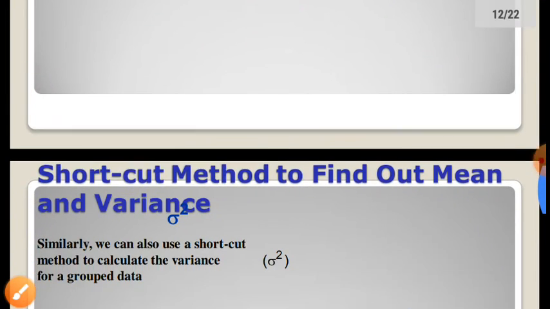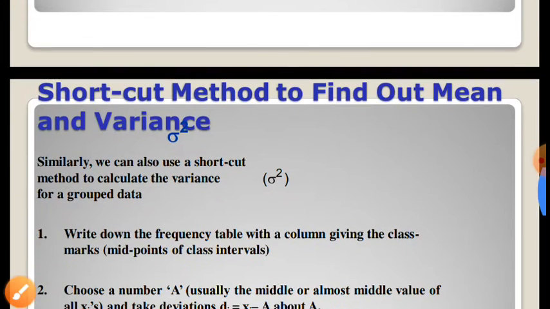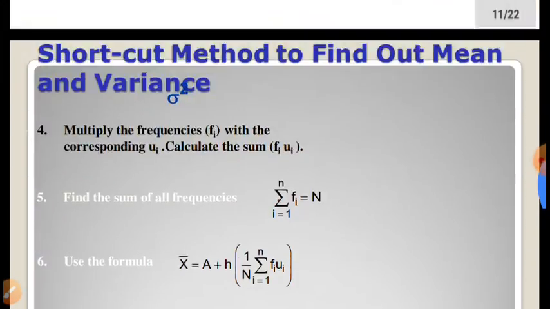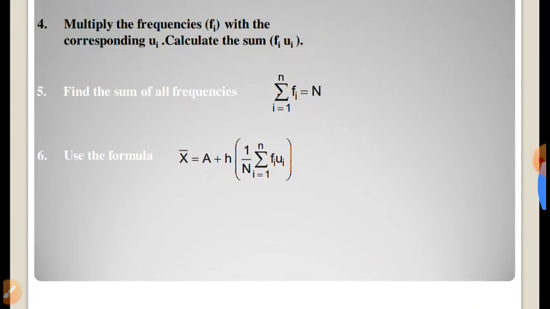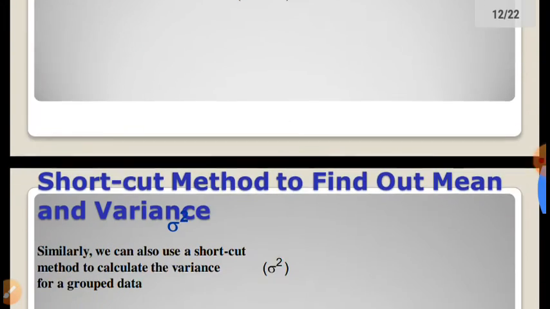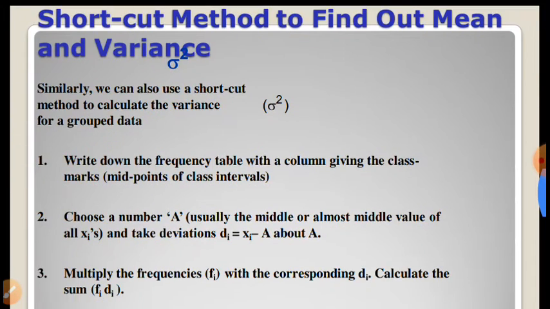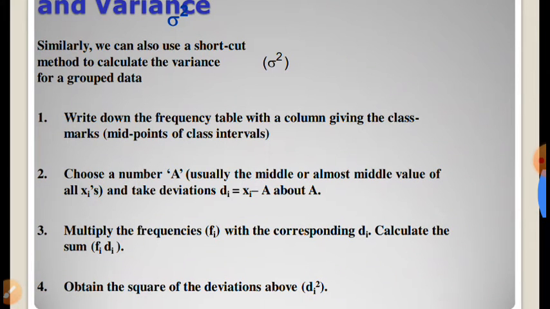This is the shortcut method of finding the mean. And now let us see how to find the variance by the shortcut method. Variance is nothing but the sum of the squares of the deviations divided by the number of observations.